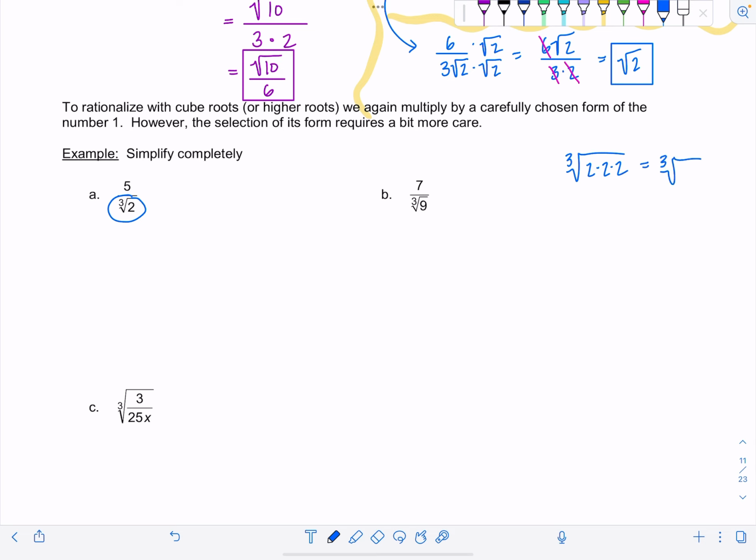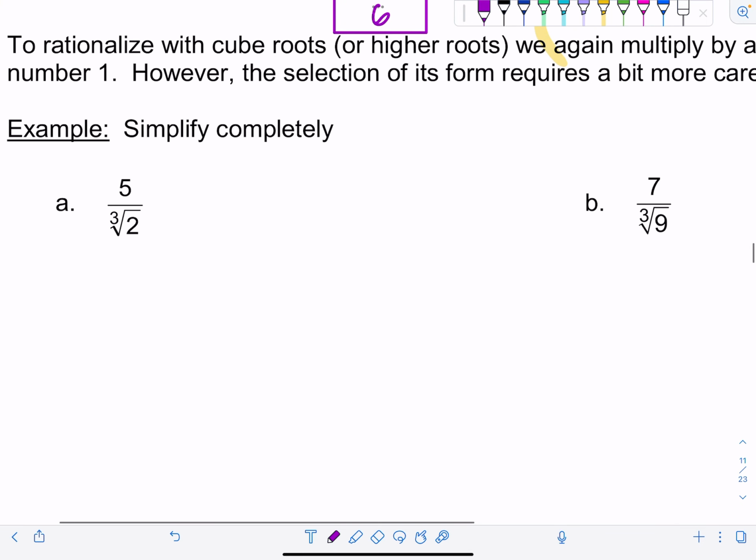You would need the cube root of 2 cubed to get back a 2. So make sure, since I noticed the index here is a 3, that means I need 3 copies total of the factor underneath the radical sign. So I need to multiply by another cube root of, and I list them out like this, 2 times 2. That way it's really clear to my brain. I got 1, and then now I'm adding 2 more.